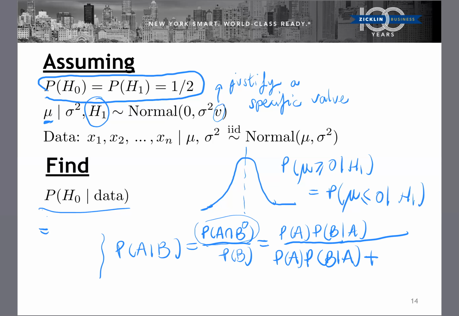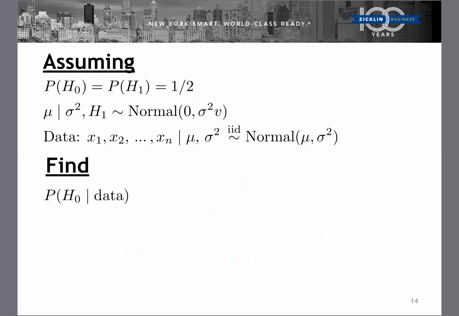The probability of not A times probability of B given not A. So it's probability of B times probability of A given B. Okay, so this is the formula that you have seen at some point for events A and B. But now, instead of A and B, you could use H naught and data. So you could call A equals H naught and data equals B. So let's do that.